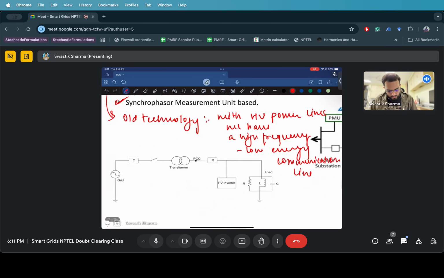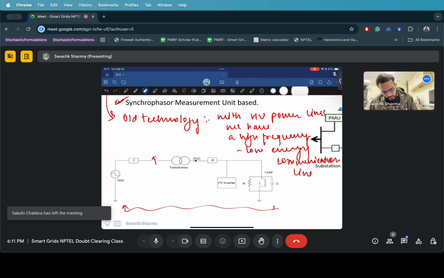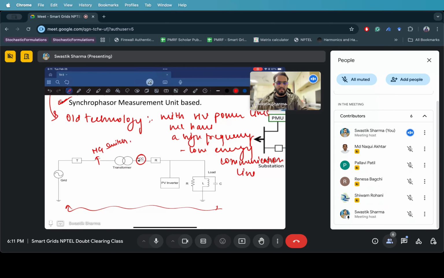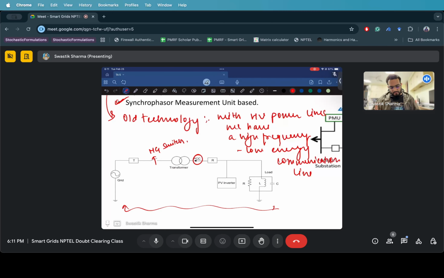Let's take an example. Let's say this is how our microgrid was working, right? This is the PCC, and this is the main grid switch, and suddenly this main grid switch is now open. Once it's open, the transmitter will send a signal to the receiver: okay, the switch has now tripped and you are now islanded.